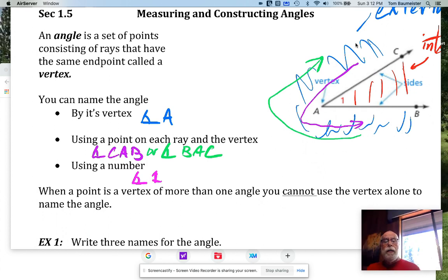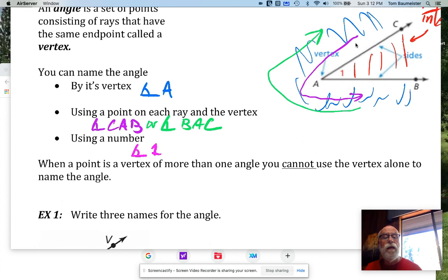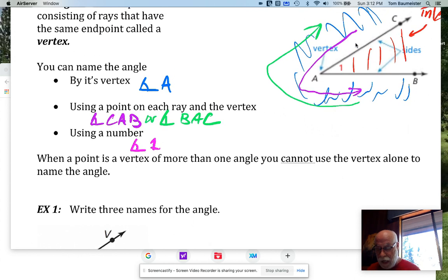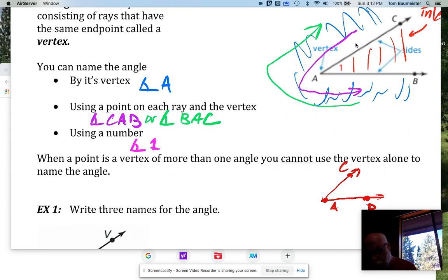Now, when a point is a vertex of more than one angle, you cannot use the vertex alone to name the angle. Let's see what they're talking about. Here's the one we have up above, which I'm again going to call CAB. But now I have another one here.